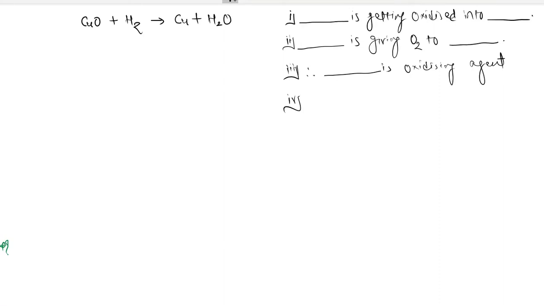Fourth question. Dash is getting reduced into dash. Who is getting reduced into what? Number 5.